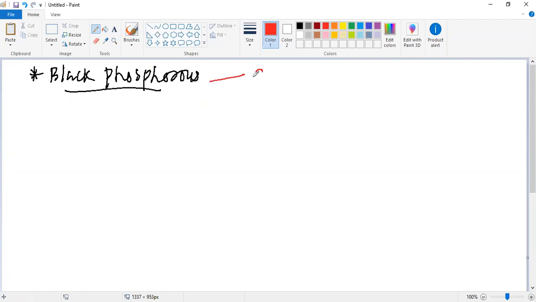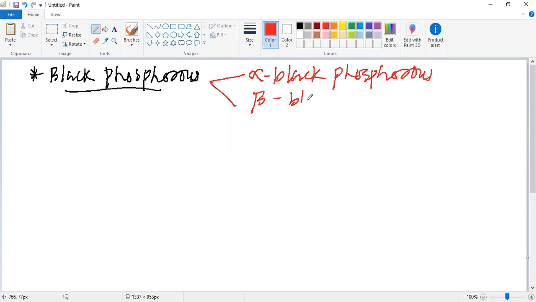One form is known as the alpha black phosphorus, and the second form is known as the beta black phosphorus.